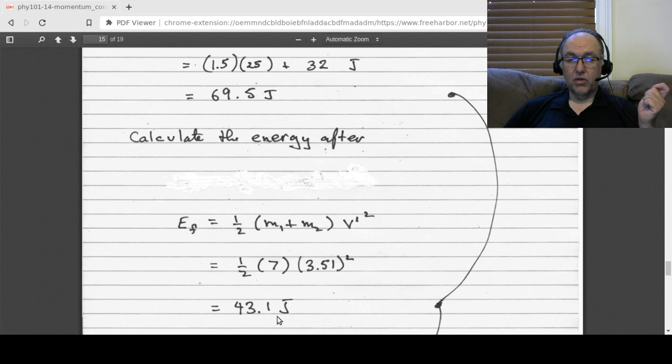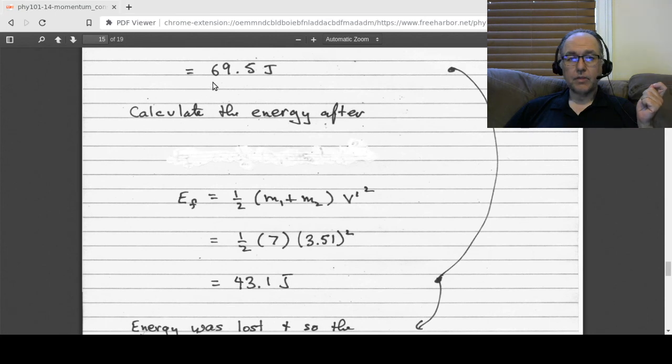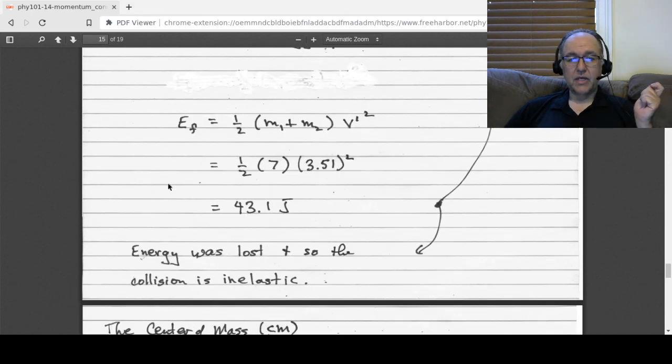Squared, that turns out to be 43.1 joules. Now just compare the 69.5 to the 43.1. This was the before, that's the after. Did the energy increase or decrease? The energy decreased, and if the energy decreased, then the collision is inelastic.